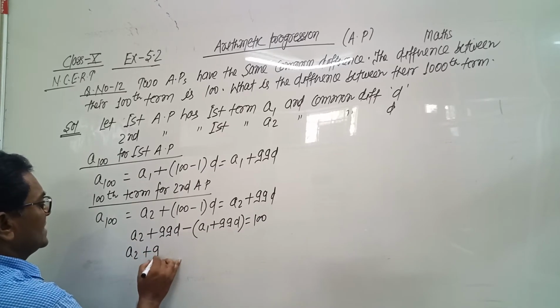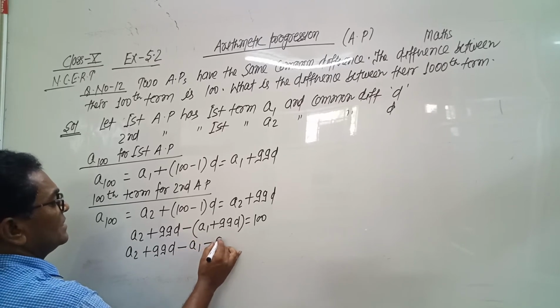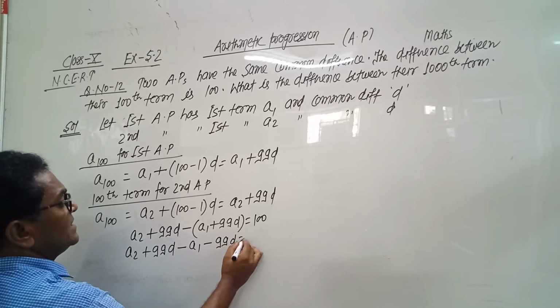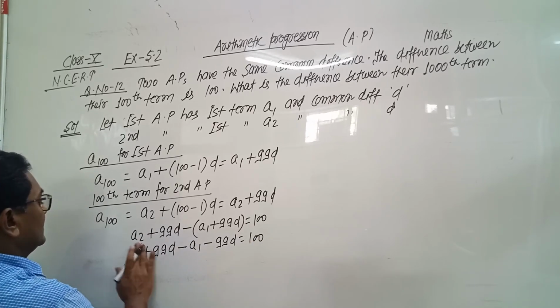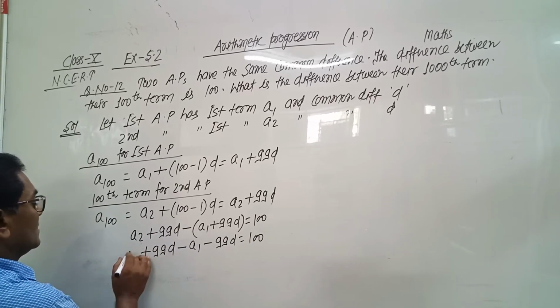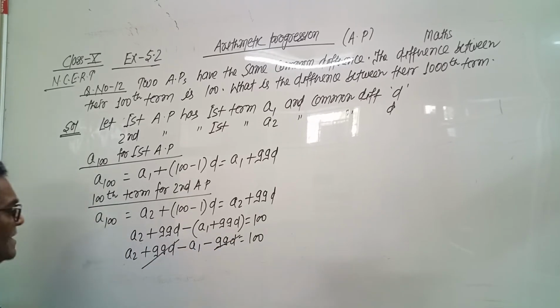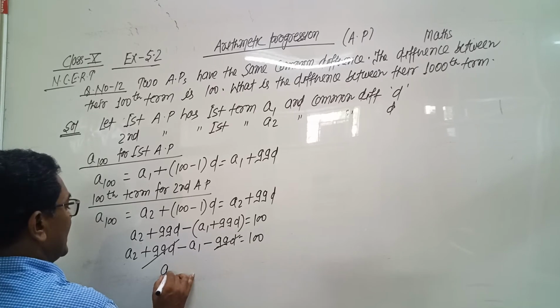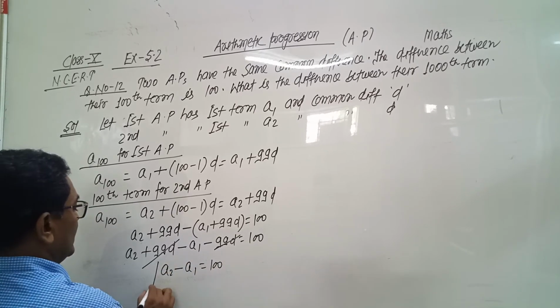So A2 plus 99D minus A1 minus 99D equals 100. The 99D terms cancel, and we get A2 minus A1 equals 100.